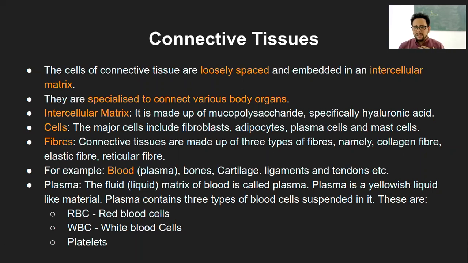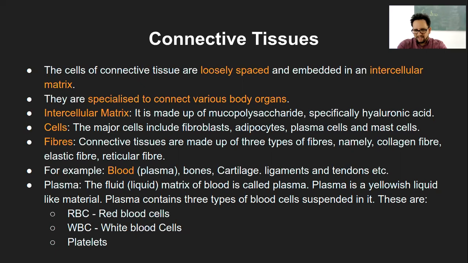Cartilage is something everyone knows: the nose on the front part has a cartilage, or the ear, there is this small outgrowth in the front part of the ear, that is a cartilage which is not bony, but yet it is relatively very hard. So that is cartilage at the nose and the ear structure. Ligaments are across the joints, and tendons are present along the muscle fibers to hold on to different joint structures. So these are a few examples of connective tissue.